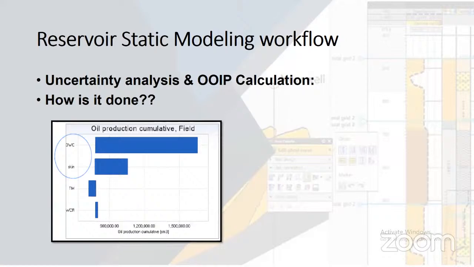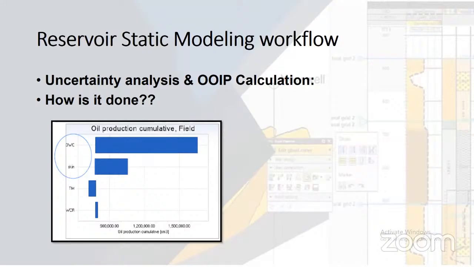So for example, how can we do the uncertainty analysis? First of all, you should identify the parameters that greatly affect the oil in place or the original gas in place, like the oil water contact, the porosity, the distribution of water saturation, and so on.